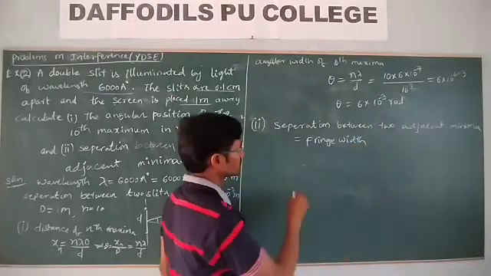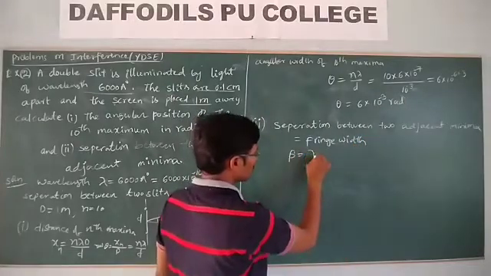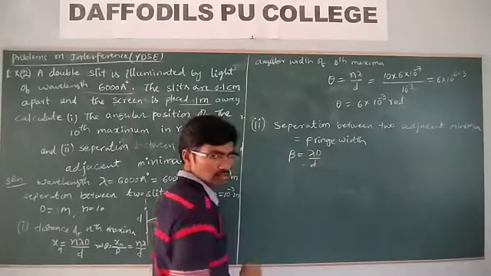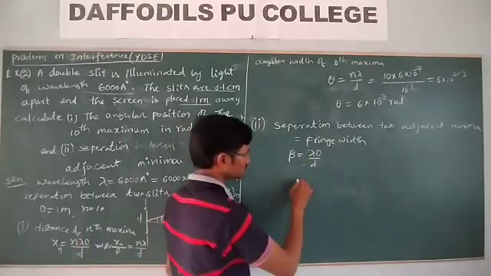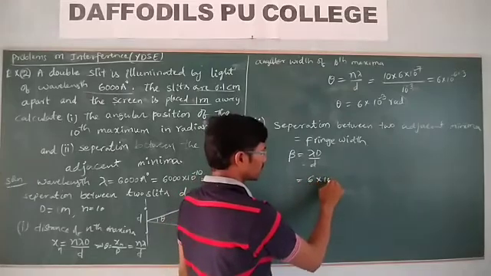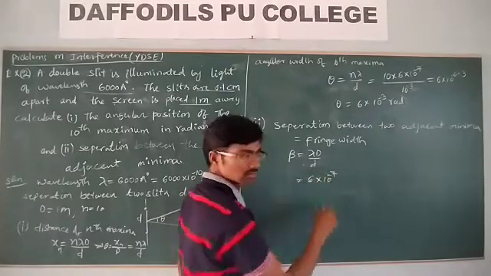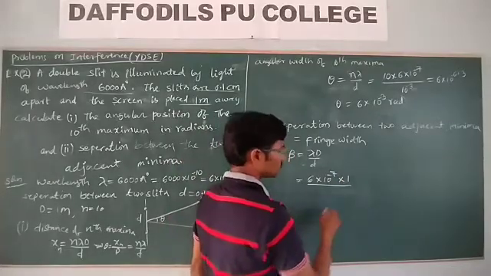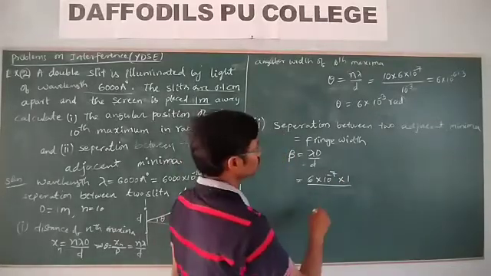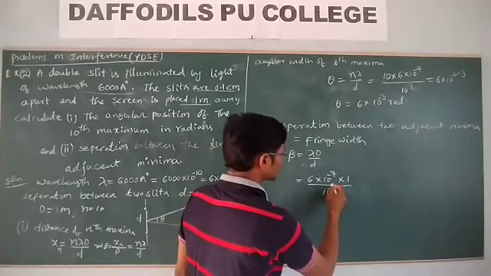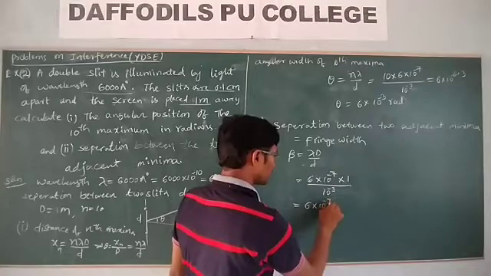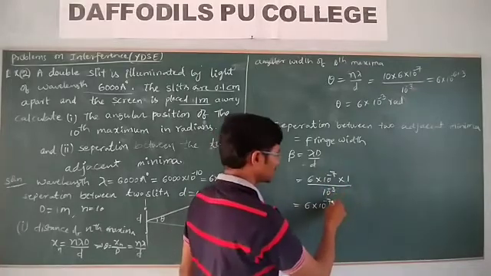Then beta is equal to lambda D by small d. Substitute the values: lambda is 6 into 10 power minus 7, capital D is 1, small d is 10 power minus 3.